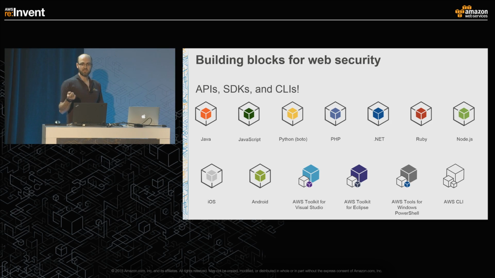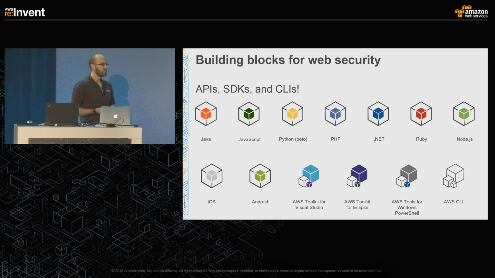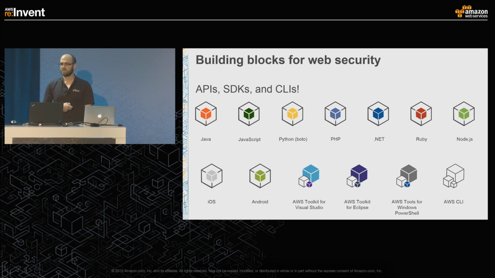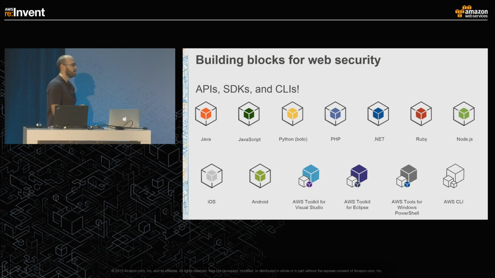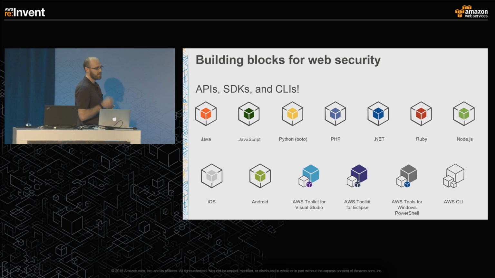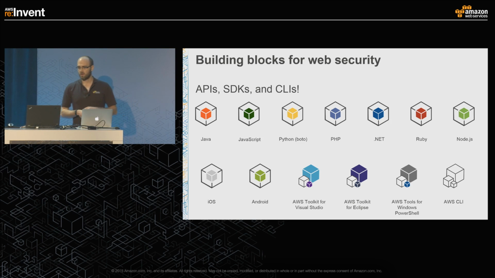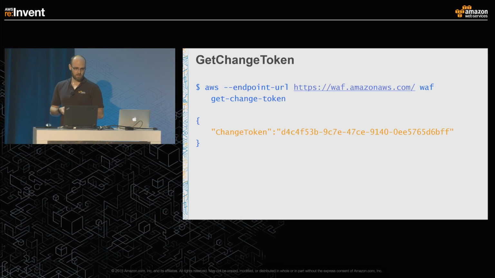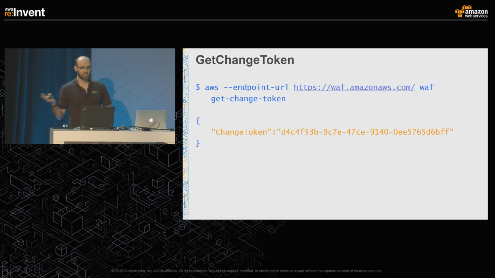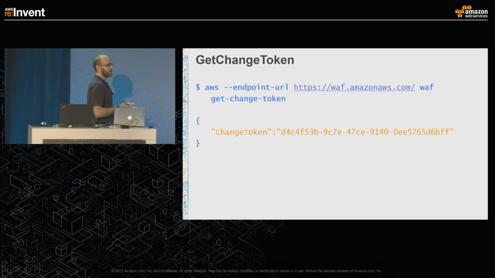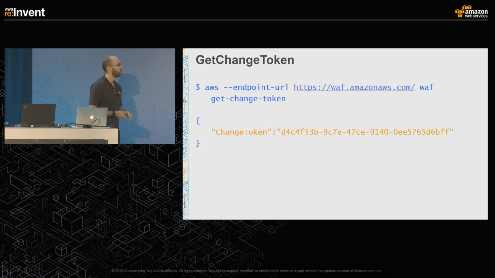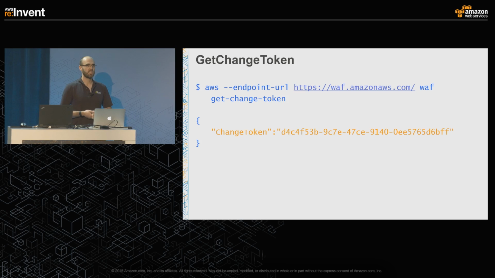We are an AWS service, so you get your pick of automation tool sets via the AWS SDK. And for those of you that are planning to build automation, I've got a couple of usage notes on our API. So the first part of our API, when you're interacting with it, anytime you want to make a mutating call or create a new entity, we have you get a change token first.